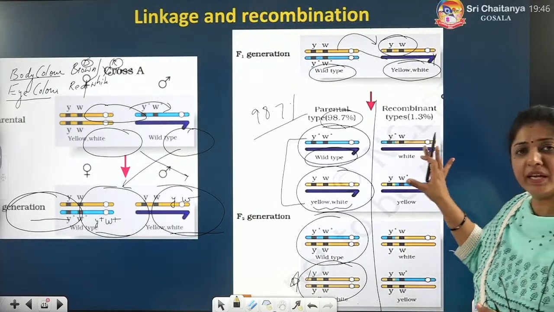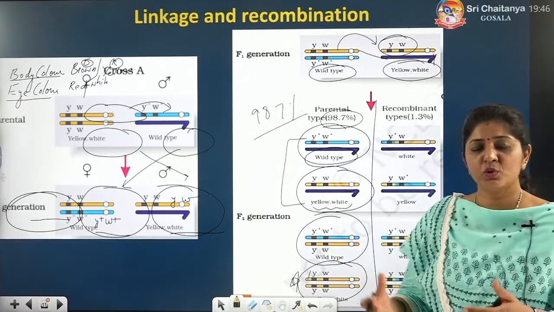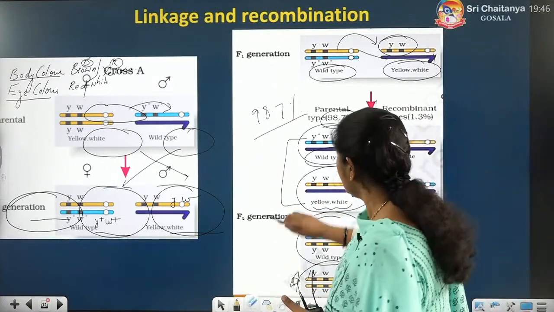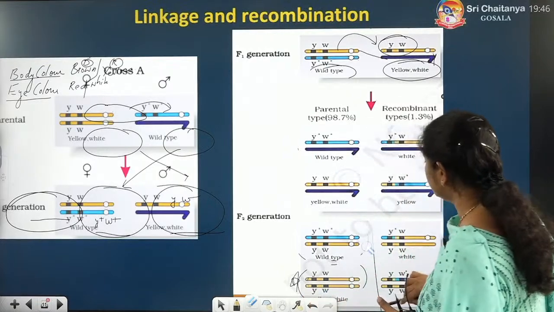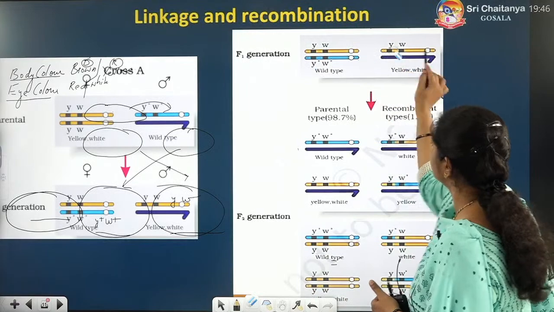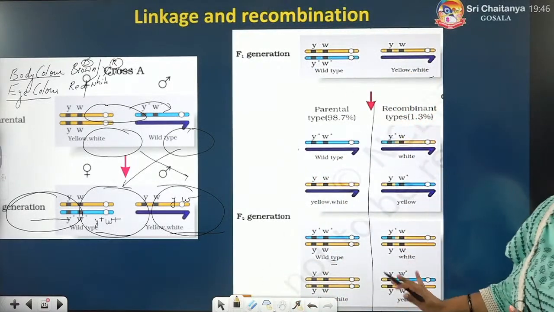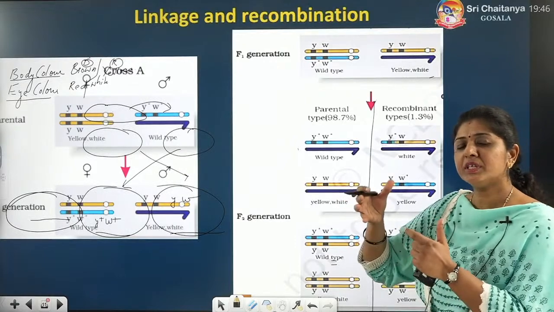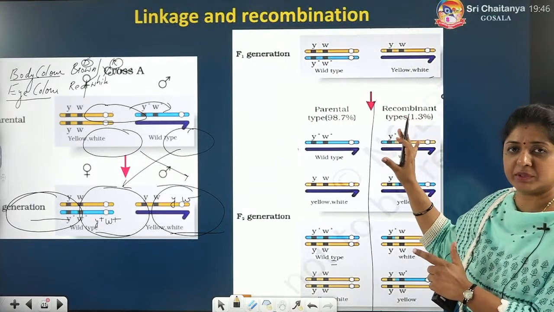Now what about this column? This is actually the main thing which helps us a lot in arranging the genes on the chromosome. Now please focus, if I need to discuss this second column, out of 100, how much percentage will this column show, which is representing the recombinant types?